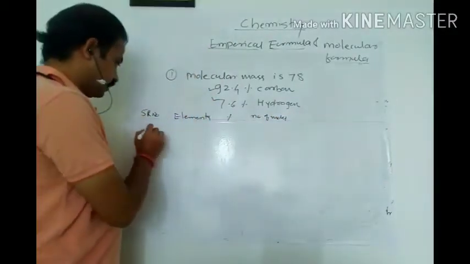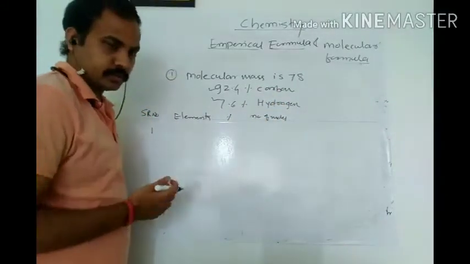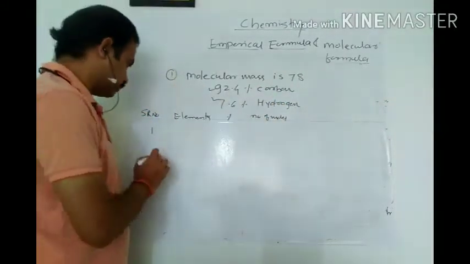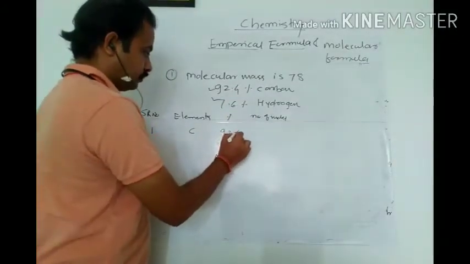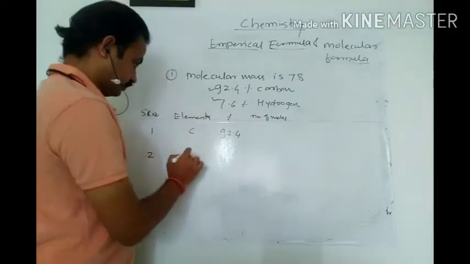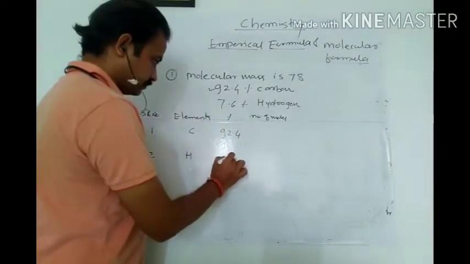We have two elements here: the first is carbon, whose percent is given as 92.4, and the second is hydrogen, whose percent is given as 7.6.